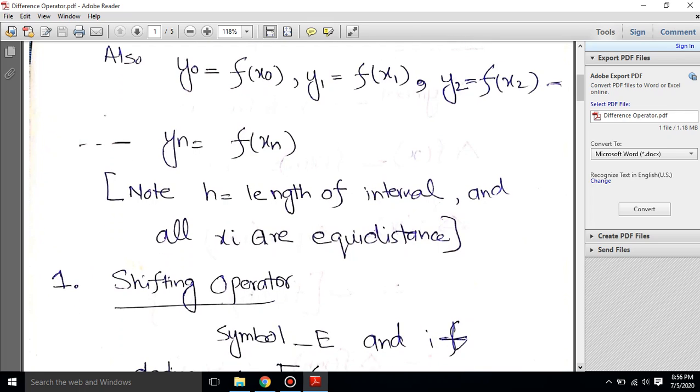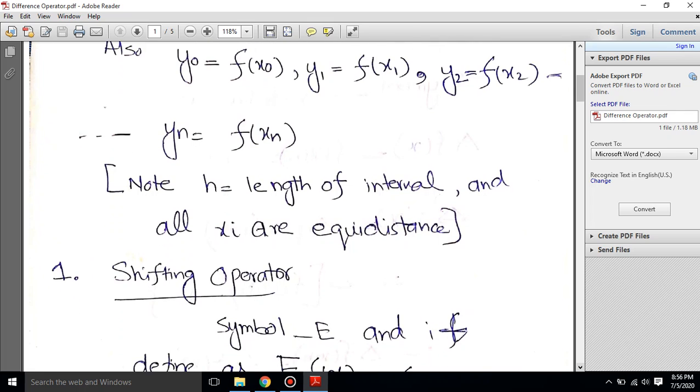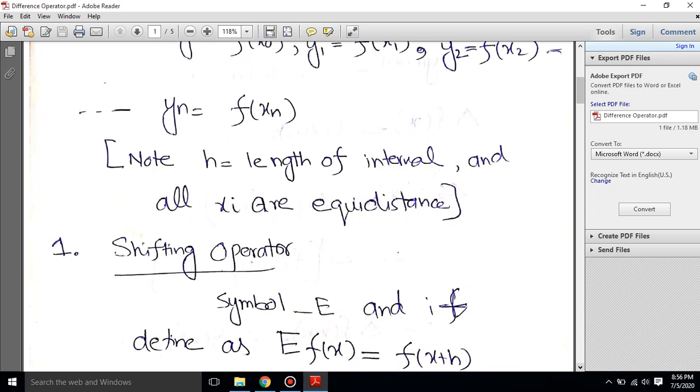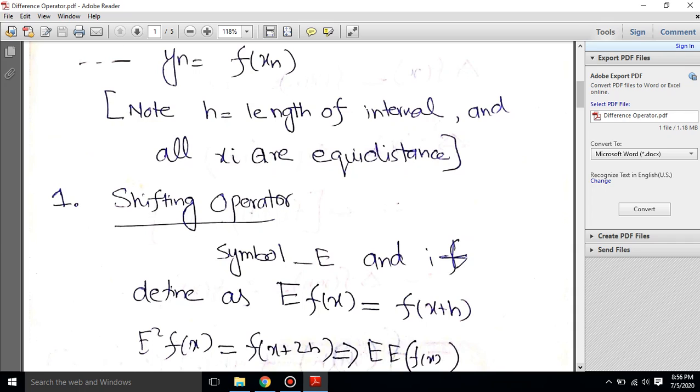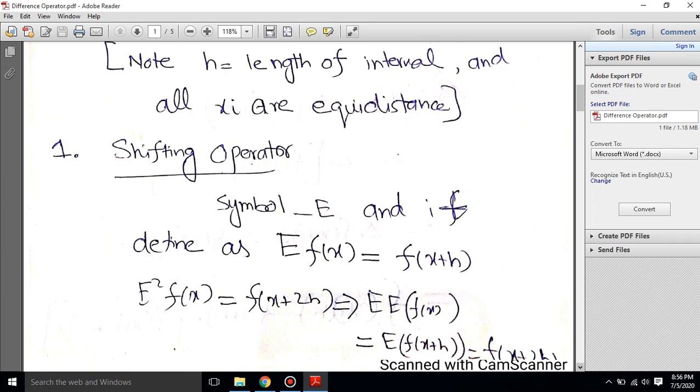Now I want to define some shifting operators that we're going to use in our coming lectures. First, I'm going to define a shifting operator that is going to be represented with the symbol E. Remember, this is called a shifting operator as far as numerical methods are concerned, and it's going to be defined like this.